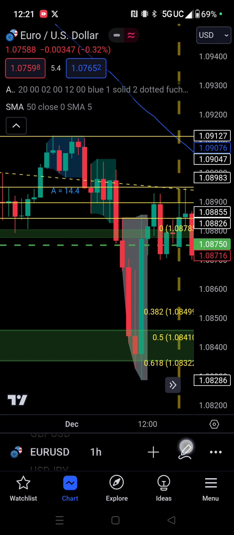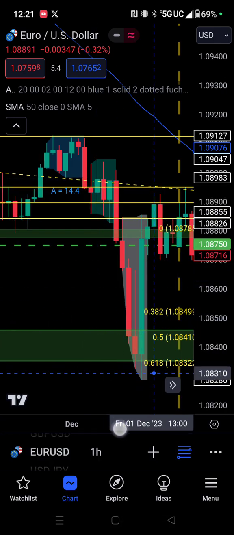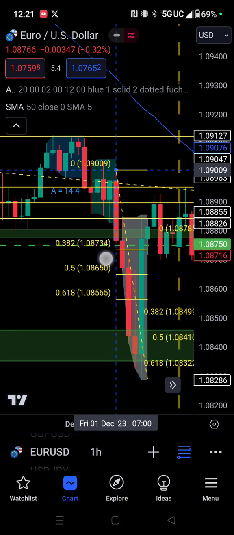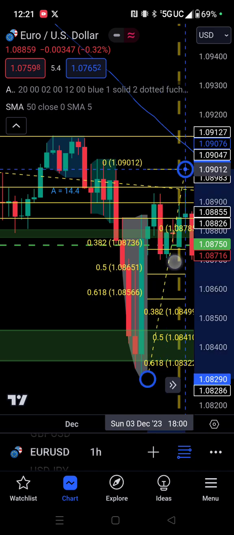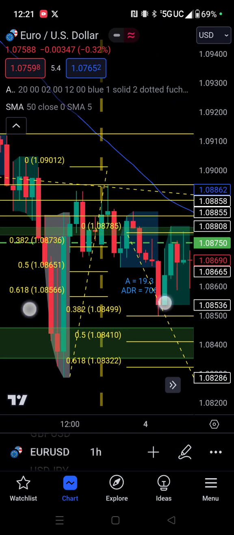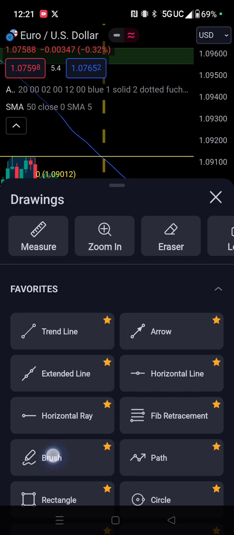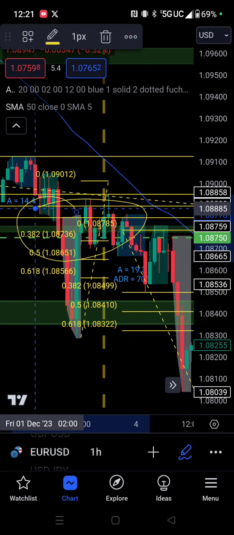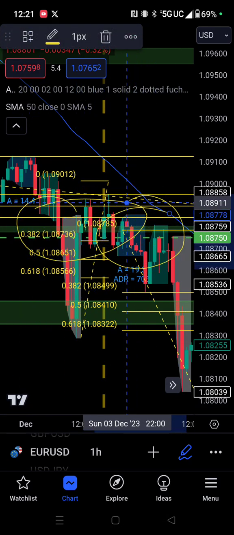That itself, you measure that whole move, and you see that it stayed at the 38.50% area, at the quarter point, and the demand zone turned to broken and turned into a supply for a sell.